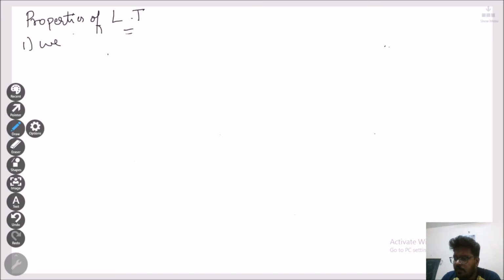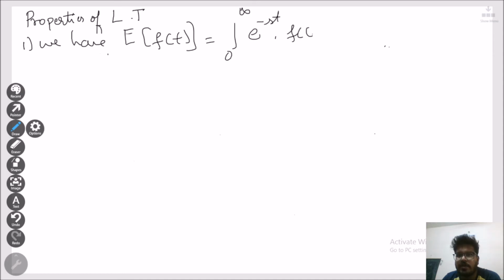We have Laplace transformation of f of t. According to the definition, the Laplace transformation of f of t can be written as integration from 0 to infinity e to the power of minus st into f of t dt. This is the definition of Laplace transform, we already know.